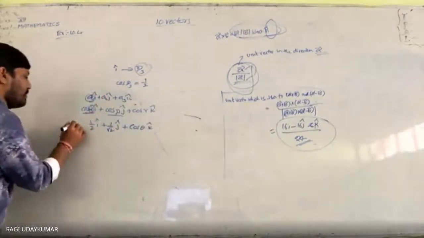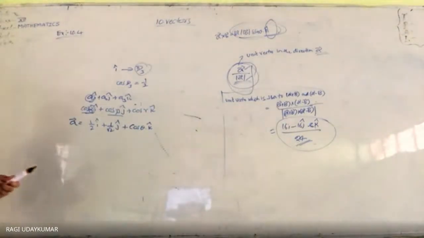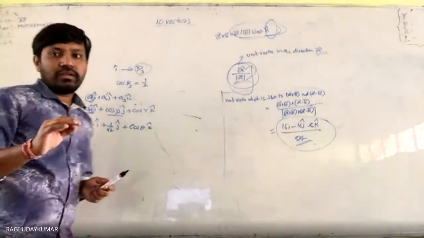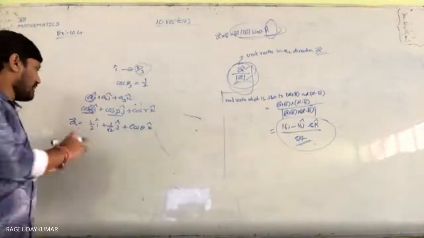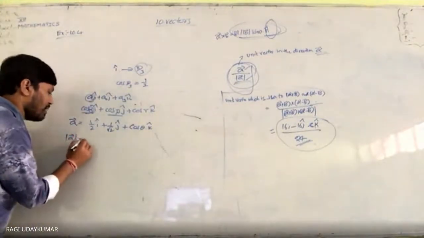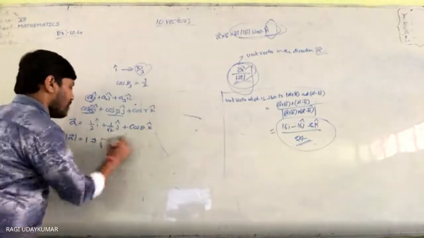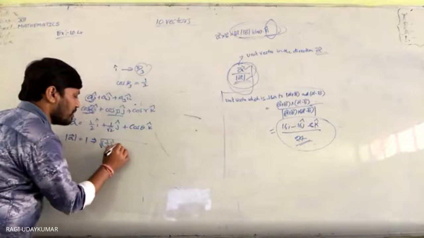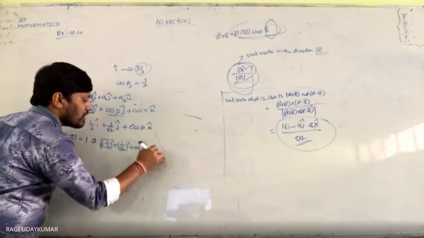This is a vector, and since it is a unit vector, the magnitude of this A bar is equal to 1. So under root of 1 by 2 whole square plus 1 by root 2 whole square plus cos square theta is equal to 1.